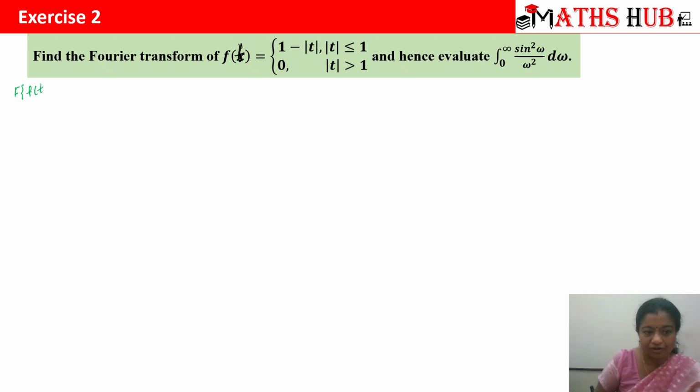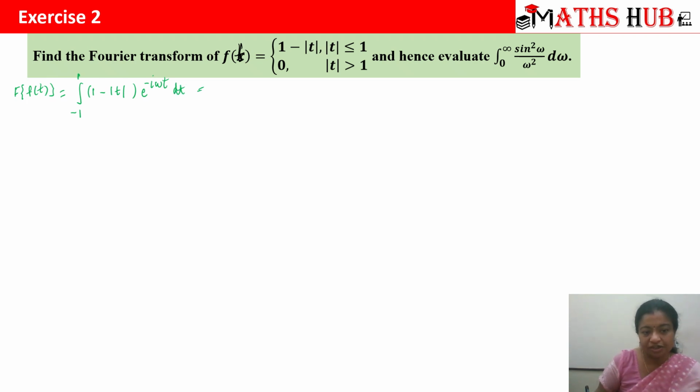Right? So here again we try to calculate the Fourier transform for the given function. So the Fourier transform of f of t will be, since mod t is less than or equal to 1, we break this interval from minus 1 to 1 because in all other intervals the function will assume value 0. So you are left with the function 1 minus mod t and then you have e power minus i omega t dt. This time I'll replace alpha with omega also. Right?